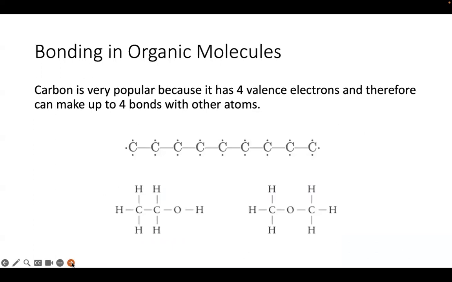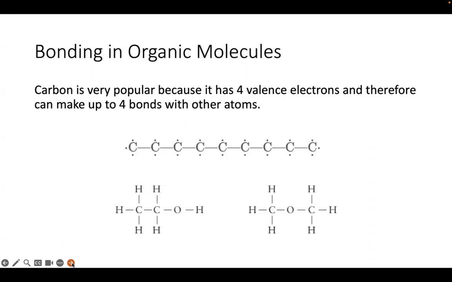So why are all these molecules centered around carbon? Carbon is a great backbone for larger molecules because it has 4 valence electrons, and therefore it can make 4 bonds with other atoms. Here I have some classic depictions of organic chemistry molecules where we have a long carbon backbone chain.